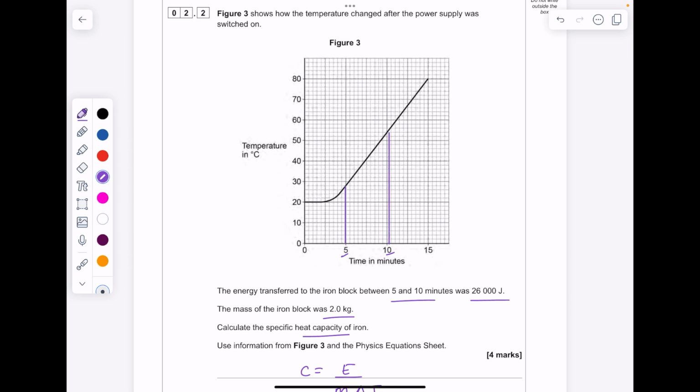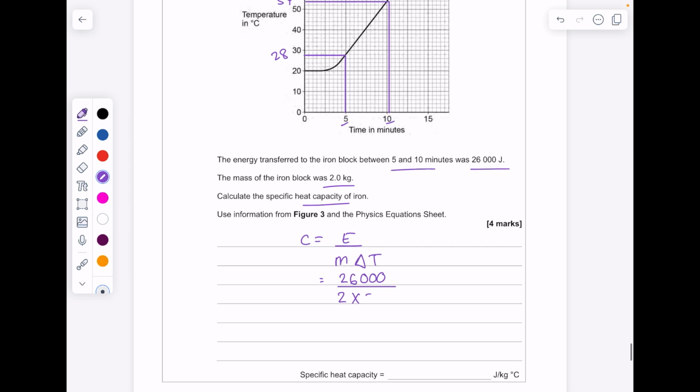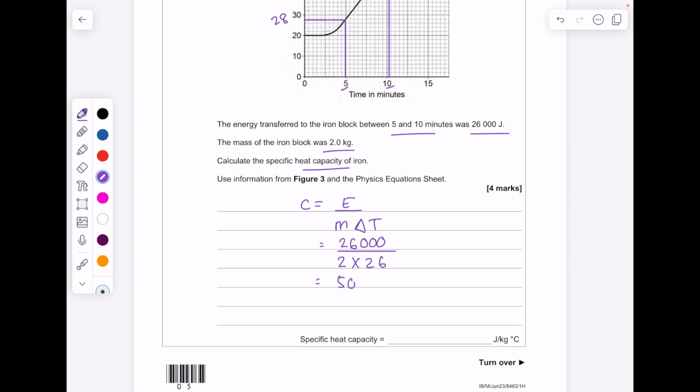There's 5 to 10 minutes. Read across nice and carefully. So that's 54 degrees Celsius, 28 degrees Celsius, giving us a temperature change. So the difference between those two numbers is 26. Pop that into your calculator and you'll get a specific heat capacity of 500.